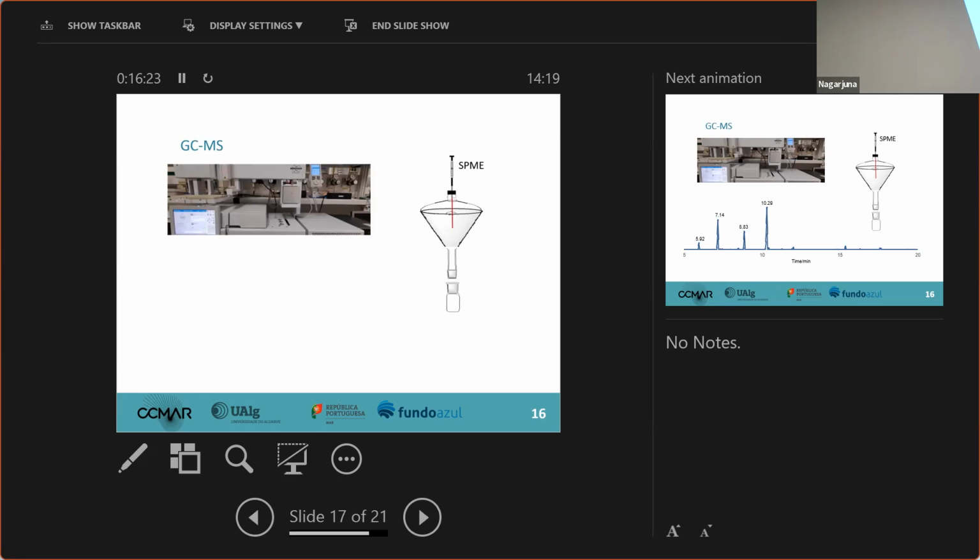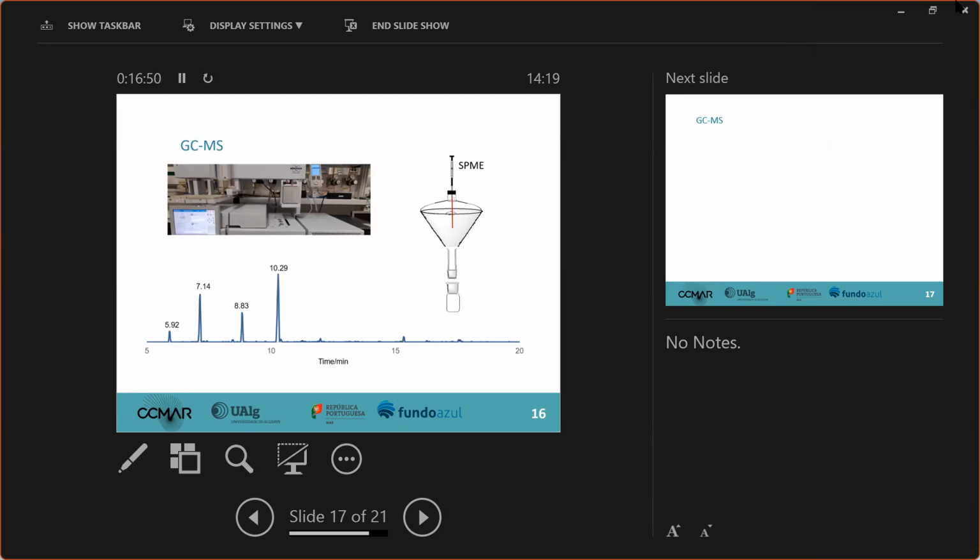We constructed this device here as a container for your sample. There's a closed glass vessel that collects the released compounds after heating in the gas phase. And there's a SPME fiber that collects the released compounds. And then it can be introduced into the GCMS and gives something like this. That is a GCMS profile. Each peak is a different compound.